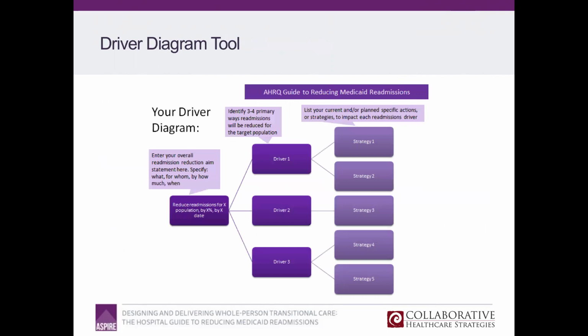So let me show you this tool, and I'll show you the tool in action, if you will, with a bunch of examples. And I encourage you to draw out on your own notepad what you think your driver diagram would look like for your readmission work in general, or your pneumonia specific readmission reduction work.